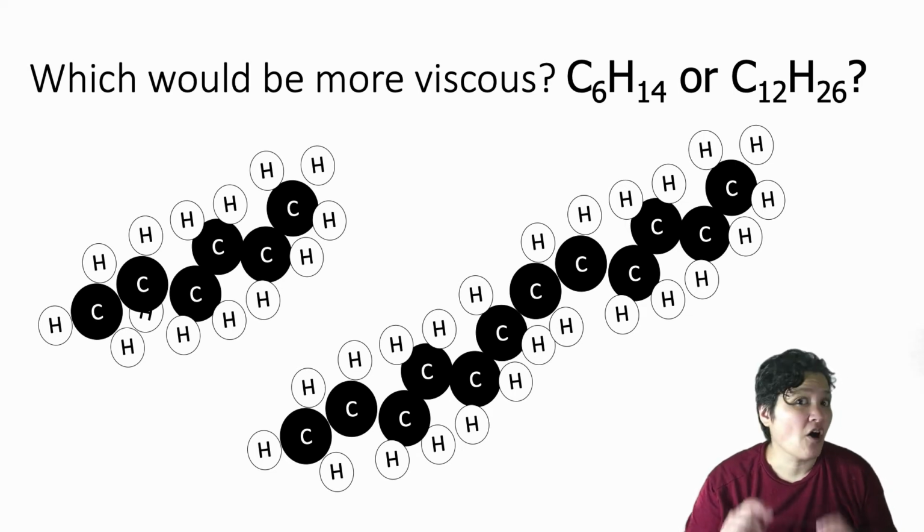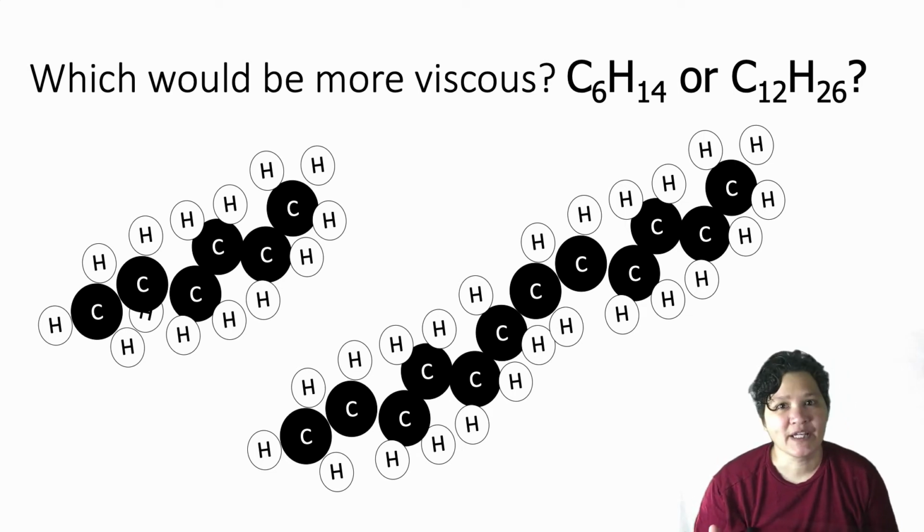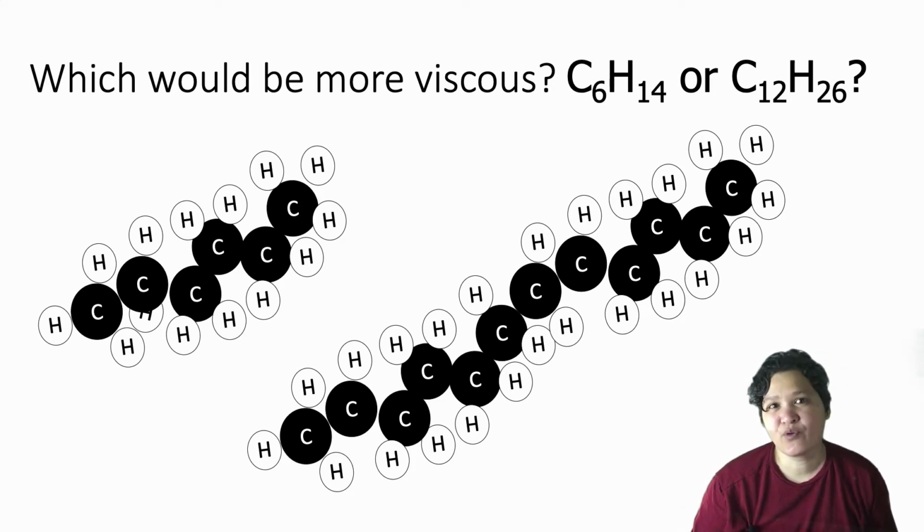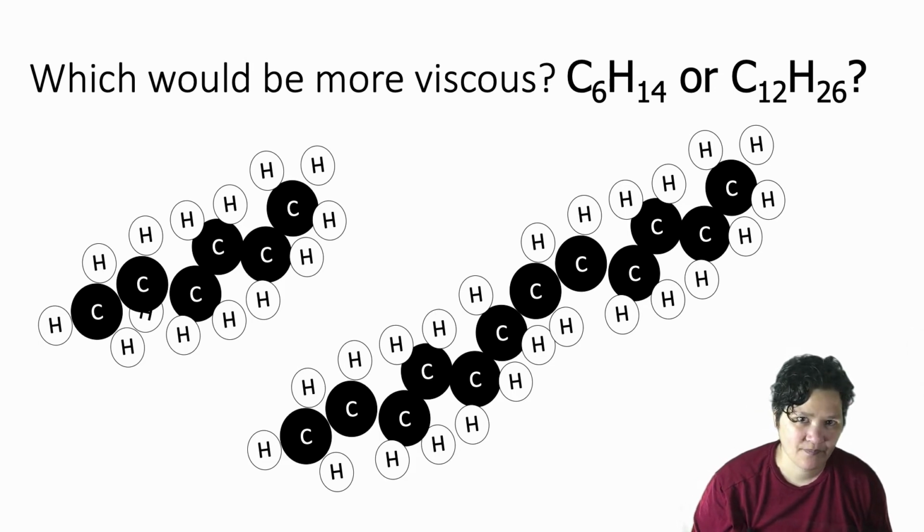The question is, are they going to have the same strength of intermolecular forces? The answer is no. It turns out the larger the molecules you have, the easier it is to get instantaneous dipoles, and therefore the more you're going to get London dispersion forces. So C12H26 dodecane will have stronger London dispersion forces and therefore will be more viscous.